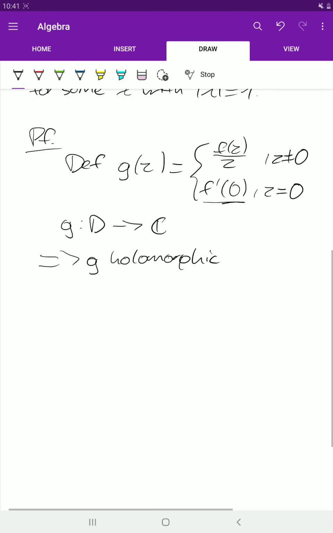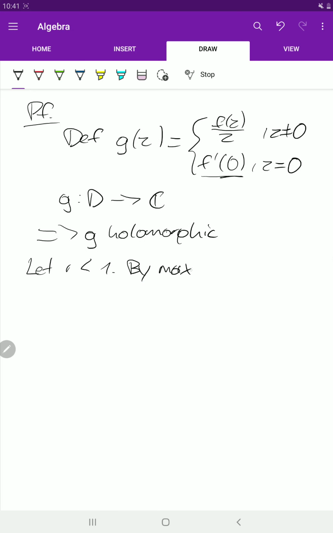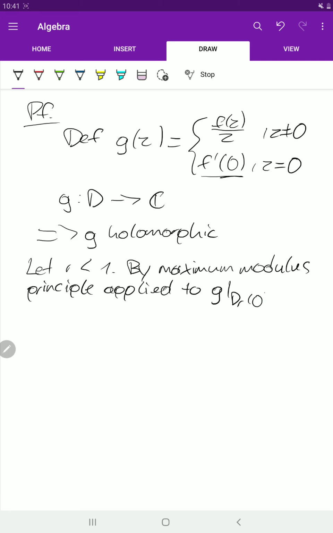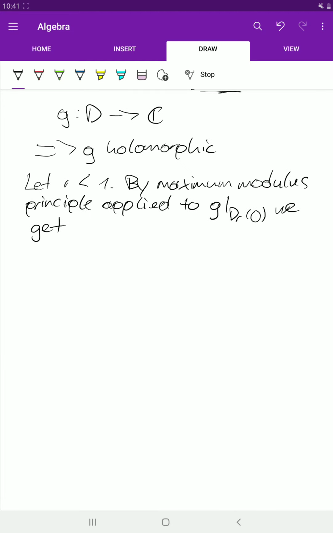And now let's take r to be less than 1, and now we apply the maximum modulus principle to g, well, g restricted to the disk of radius r around the origin, and here I mean the closed disk, so all complex numbers with modulus at most r.